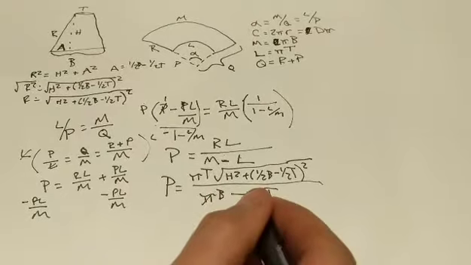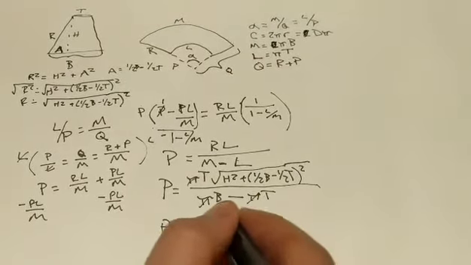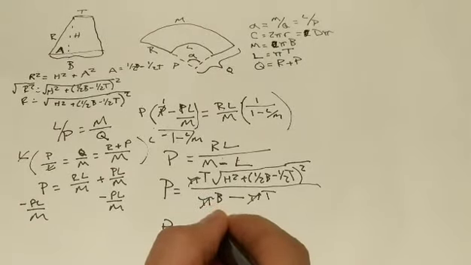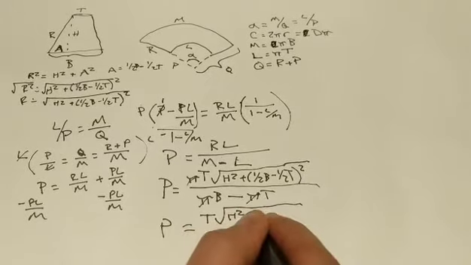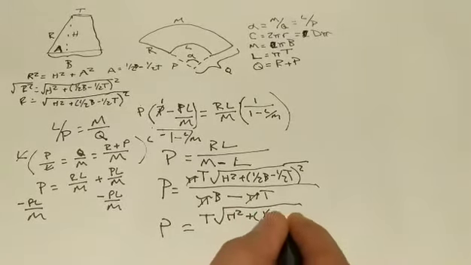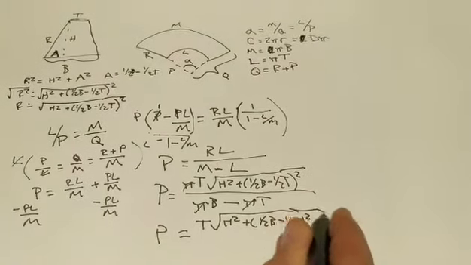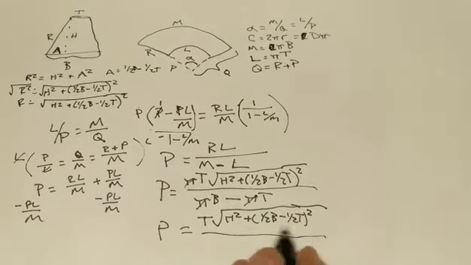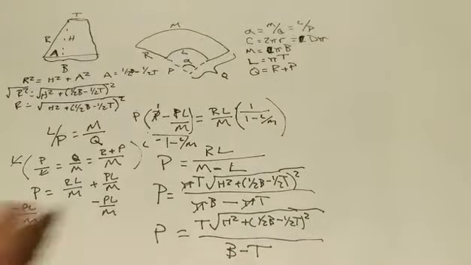We can get rid of all of these pi's, and we are left with P is equal to t times the square root of h squared plus 1/2 b minus 1/2 t all squared, over b minus t.